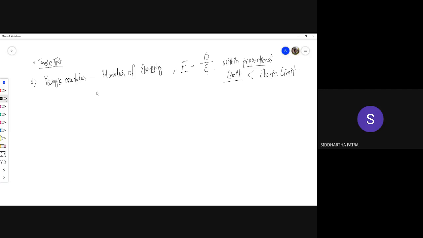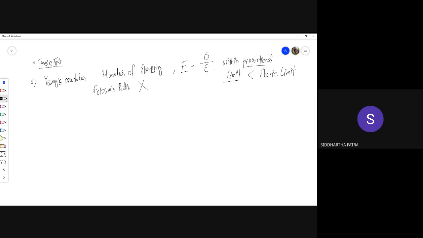And no, we don't get to know the other important property, Poisson's ratio, out of a tensile test, because it talks about the lateral contraction under tensile extension. We don't measure that, so we don't get that.